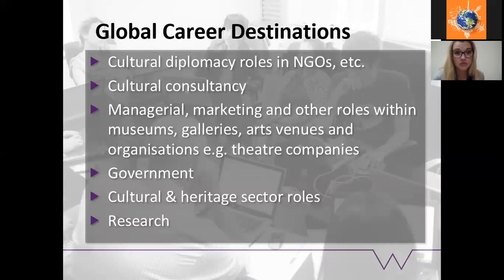Cultural diplomacy roles, non-government organizations, cultural consultancy, and even if you look at Russia, Russia has developed so much recently in terms of culture and different events that are happening. Look at those charity marathons that are happening right now across Moscow and in Russia. This is absolutely unbelievable.